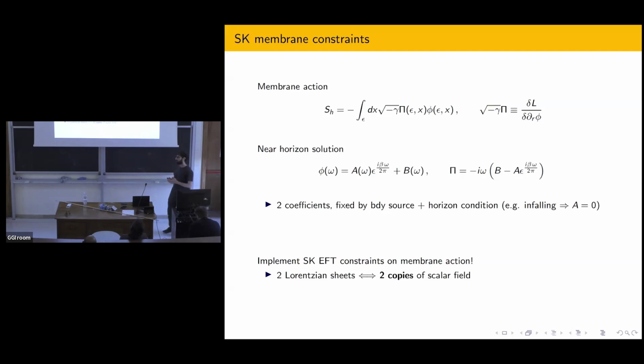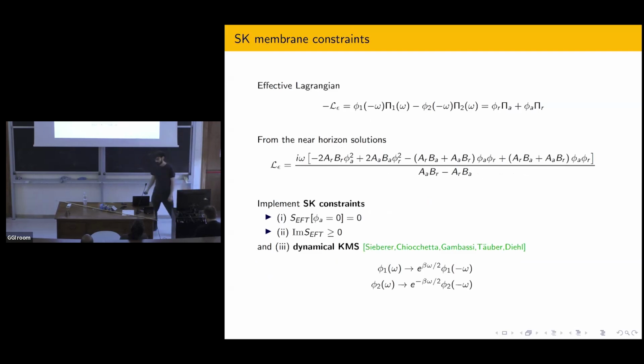We actually want to mimic the Schwinger-Keldysh contour, which has two pieces. And I want to implement the Schwinger-Keldysh constraints that I showed in the beginning on this membrane action. The way to do that is basically to mimic the two Lorentzian sheets by two copies of the scalar field. So you can think of just taking two different scalar fields on a single spacetime.